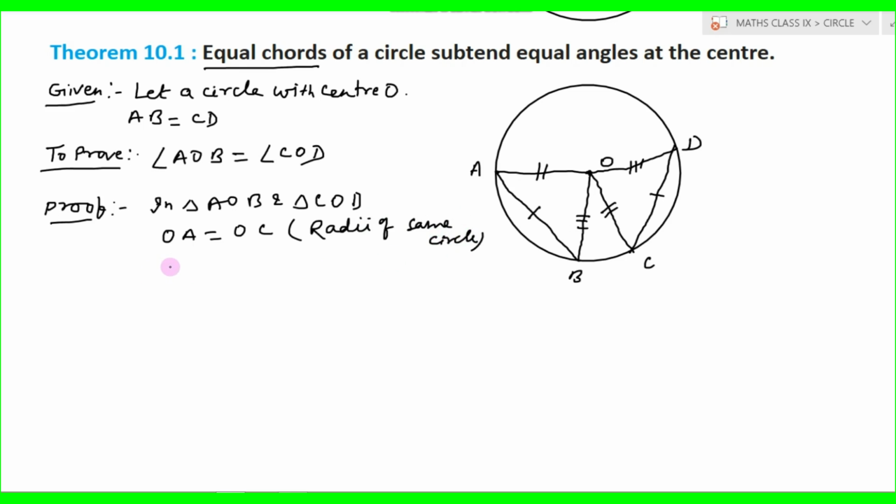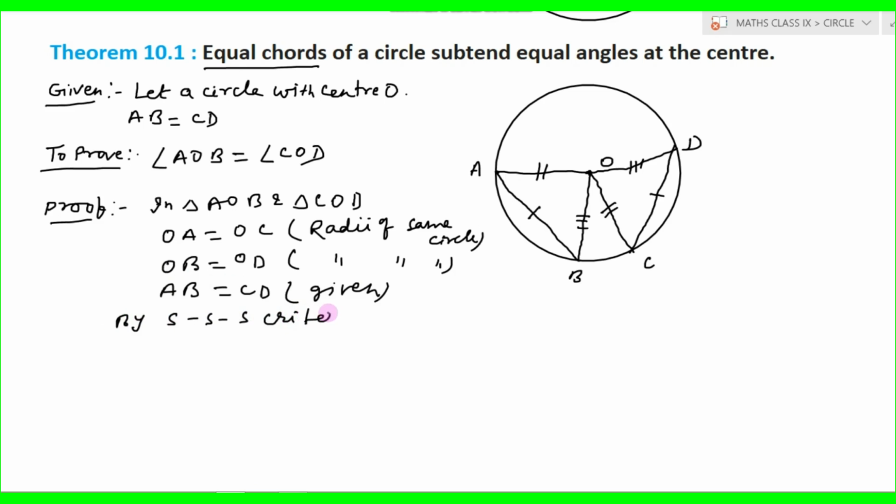Similarly, we can write OB equal to OD, also because they are radii of the same circle, and AB equal to CD is given in the question. This is given. So after these 3 steps we can conclude by the SSS criteria, side-side-side, that triangle AOB is congruent to triangle COD.